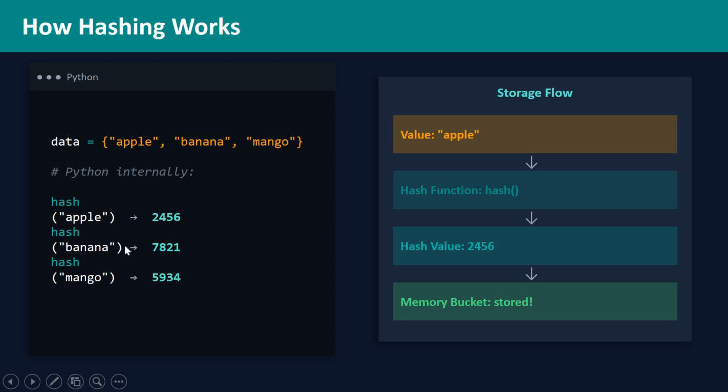And how does it store into memory? First it takes the value, apple, then uses the hash function, which calculates the hash value. With the hash value, it goes to a memory bucket and stores it there. On the basis of this value only, it stores into a bucket. That's why, as I explained, a set is not order preserved.